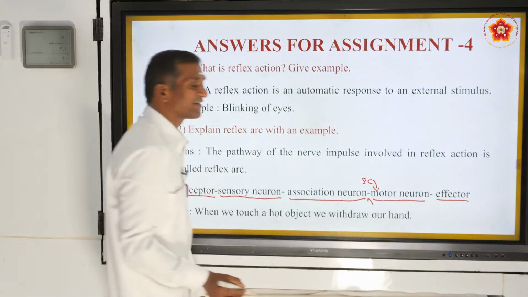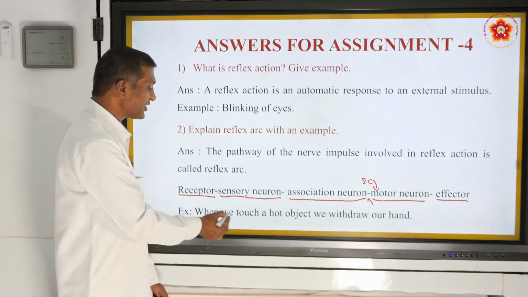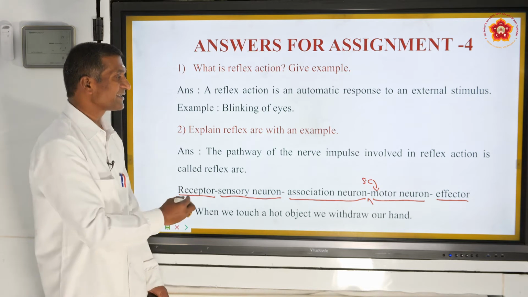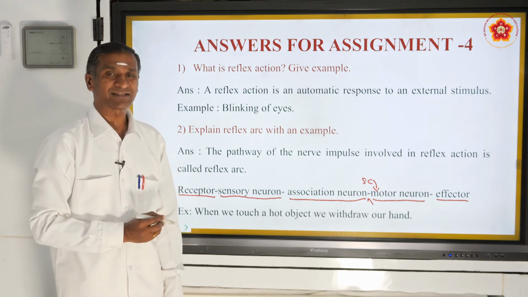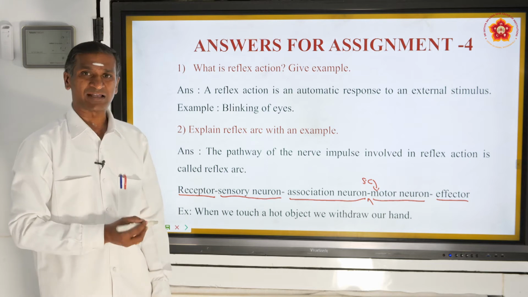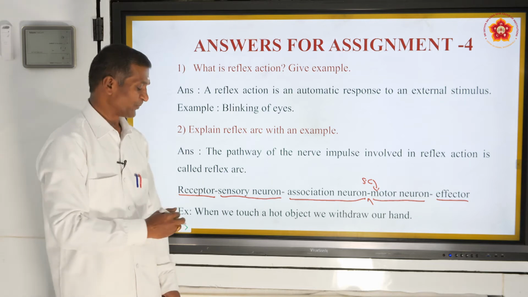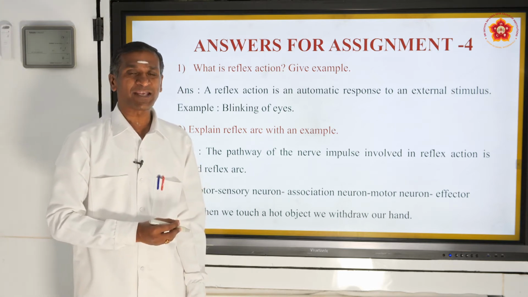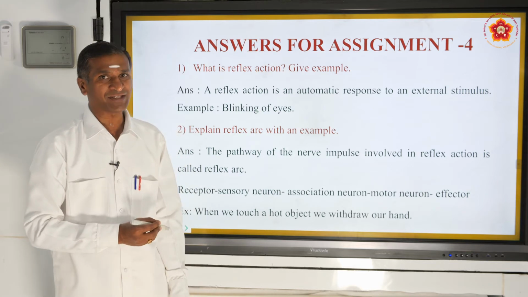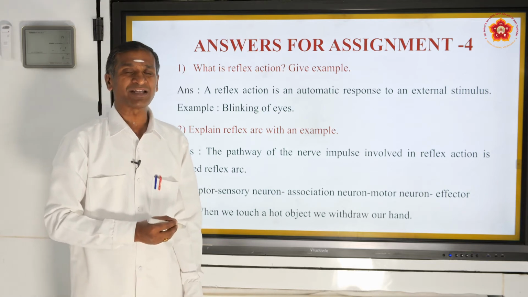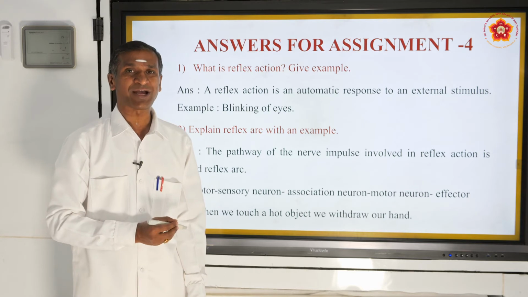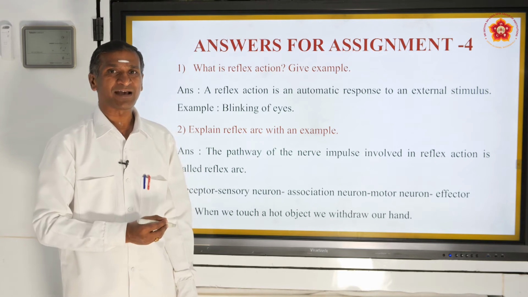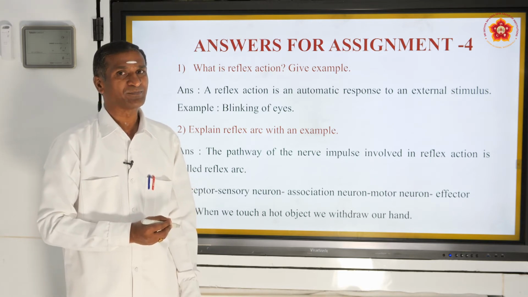From there to the effectors. When we touch a hot object, we withdraw our hand. This is an example for the reflex arc as well as for reflex action also. Hope all the answers which all of you have written are perfect. If it is so, then it shows that you have understood and you have once again revised in your respective places about our previous session.